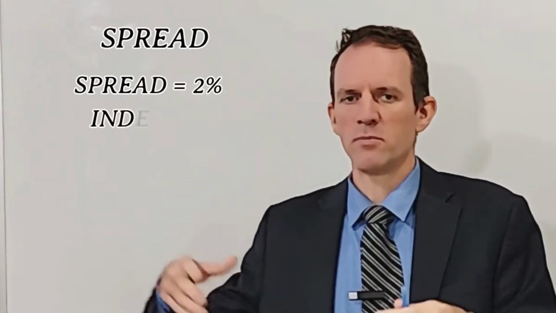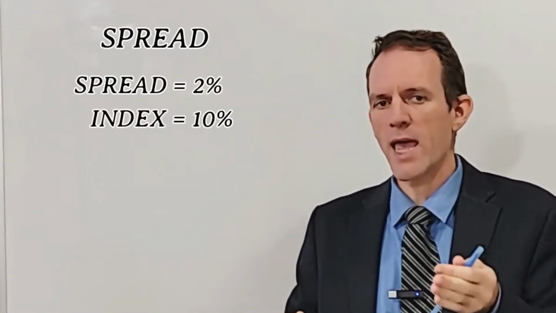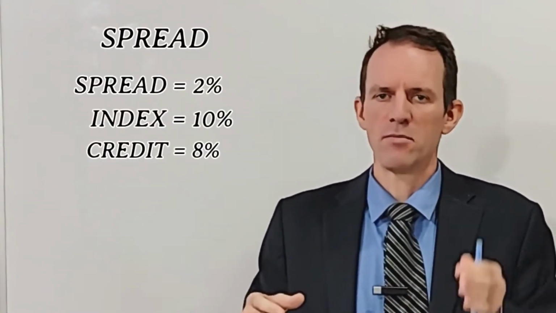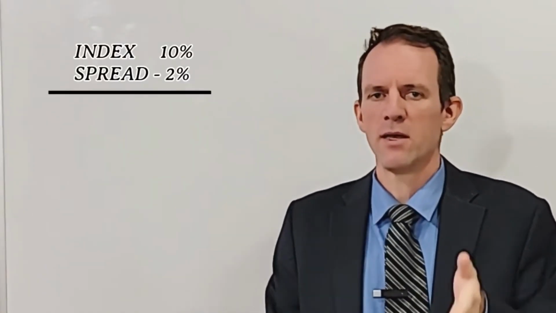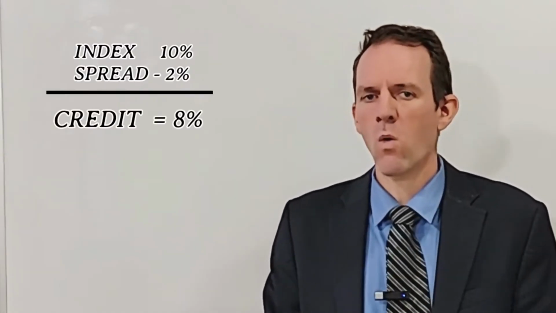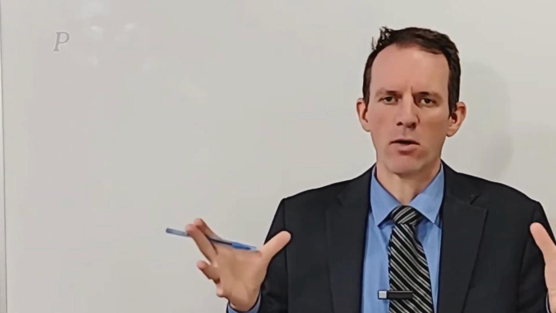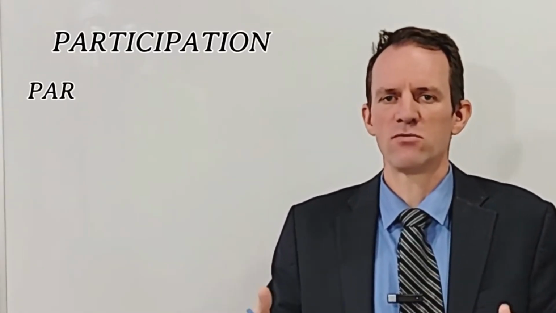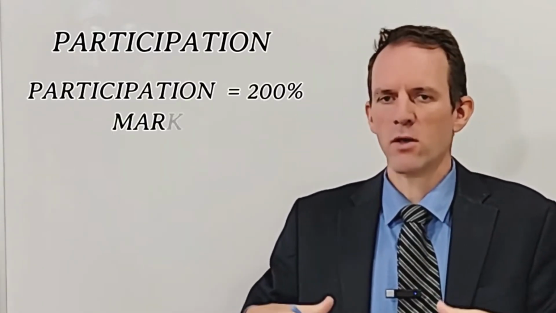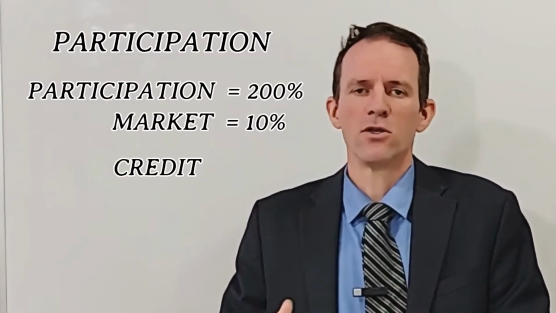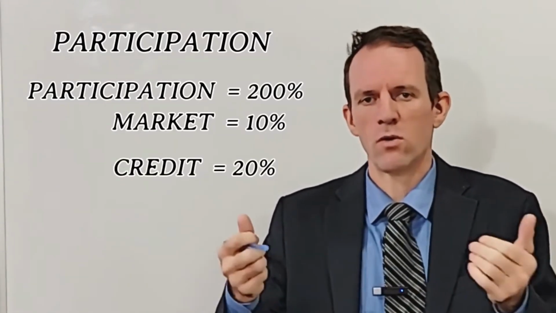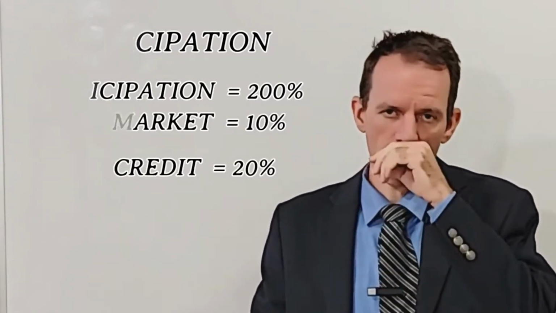So if the index goes up 10%, well, they're crediting you 8%. That's going to be how much the index performed minus the spread. So 10 minus 2% spread means you're crediting 8%. Or you have something called participation, which let's say your participation is 200%, the market goes up 10%, well, your participation is 200%, you're getting a 20% credit towards your account, okay?